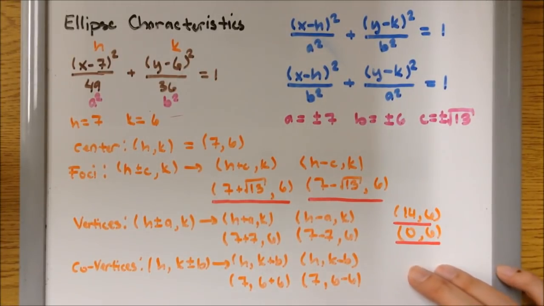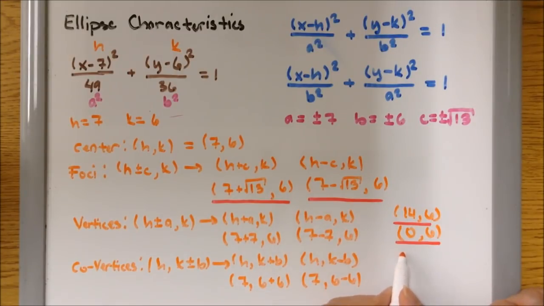So then I'm going to write it out, simplifying the 2 co-vertex points. The first one here, 7 with 6 plus 6, that's going to be 7 comma 12. And then here, 7, 6 minus 6 will be 0. So these are our 2 co-vertex points, or co-vertice points.